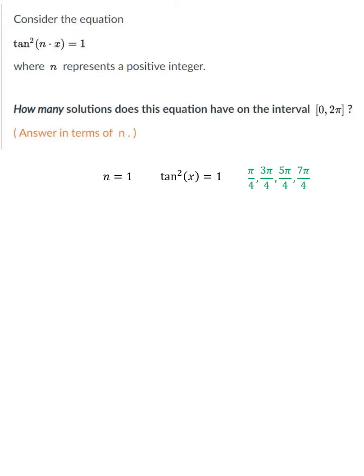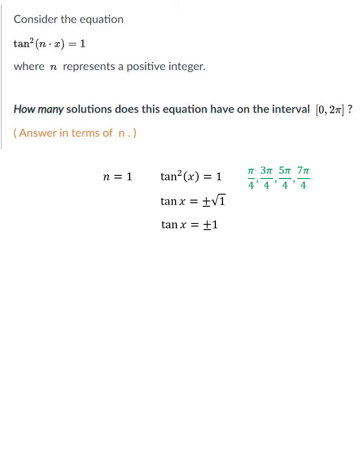Now, I solved this and I got these 4 answers, and I'll tell you how I got them. I applied the square root property, then realizing that radical 1 is 1, I've isolated the tangent and gotten 2 solutions. The tangent can either be 1 or negative 1.